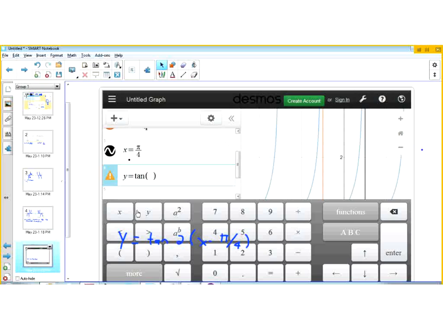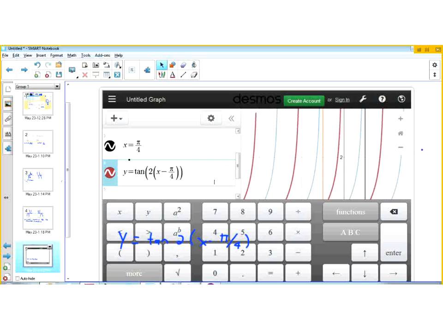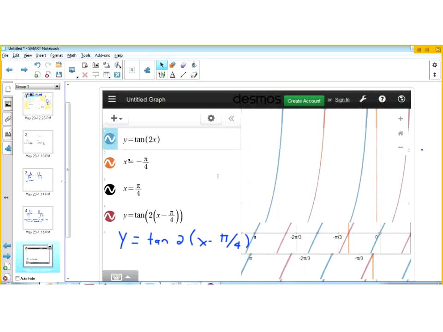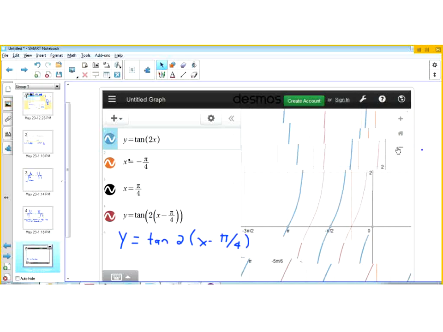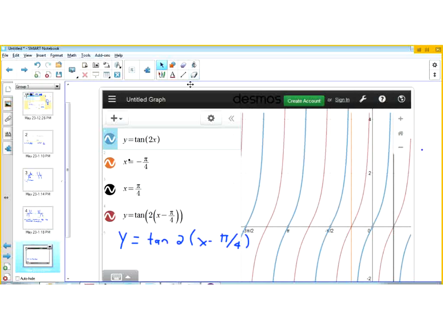Let's plot the graph y is equal to tangent of 2 times x minus pi fourths, shown in red. Let's zoom out and see the effects.